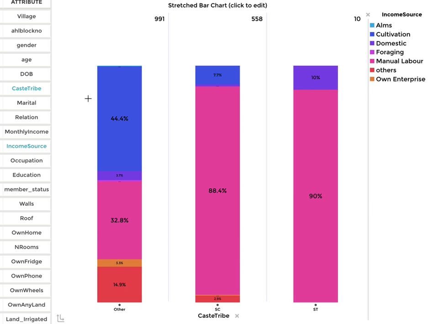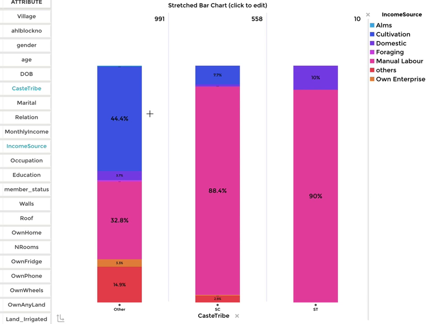The people in the other group, nearly half of them are involved in cultivation. They're farmers. This large pink area is manual labor. So almost all of the people who are in the caste or tribe are in manual labor, and they are not farmers. The farmers are in this other group.